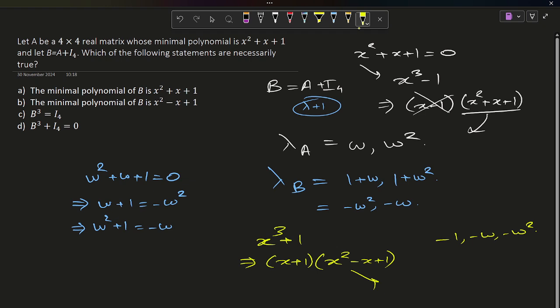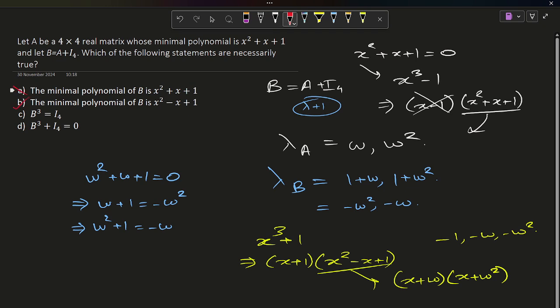So this can be written as x plus omega and x plus omega square. So the minimal polynomial of B is x square minus x plus 1. So our option B is correct.